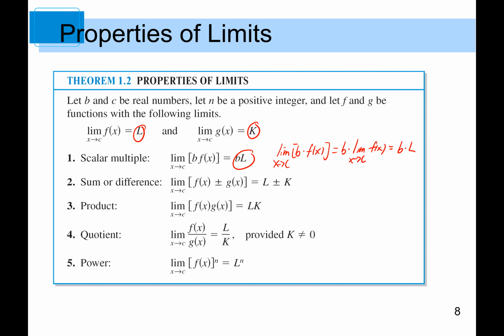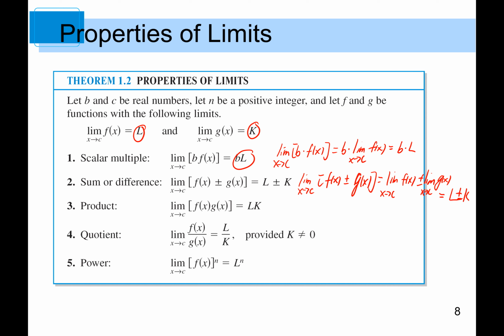And sum or difference. You can just separate the sum or difference of two functions into two limits: the limit as x approaches c for f of x plus or minus the limit as x approaches c for g of x. Now we have L plus or minus k.